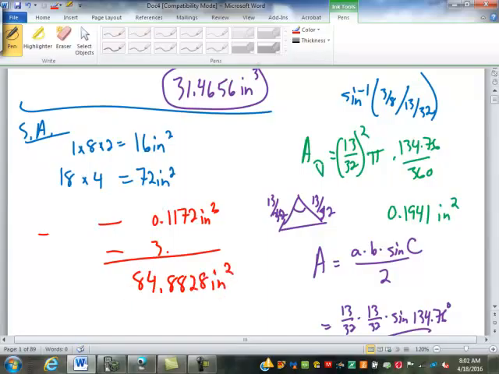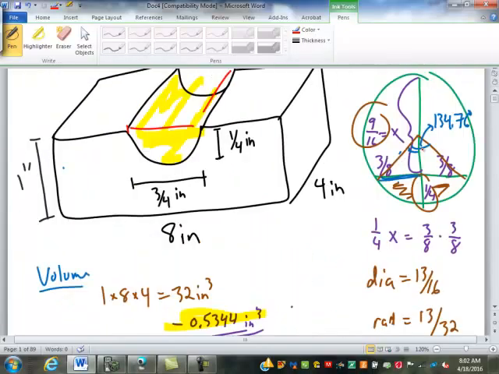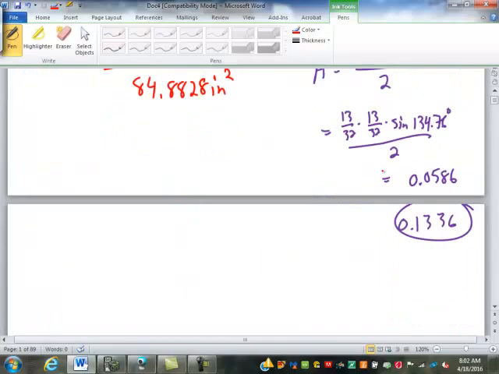Now we've got to add in the curve, the arc part. So we've got to find the length of this arc right here, and then we'll multiply that by 4. Well, the length of that arc is going to be the circumference of the circle, which will be 13/16 times pi times the 134.76 over 360.